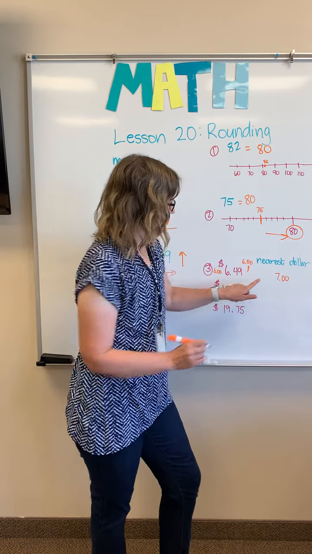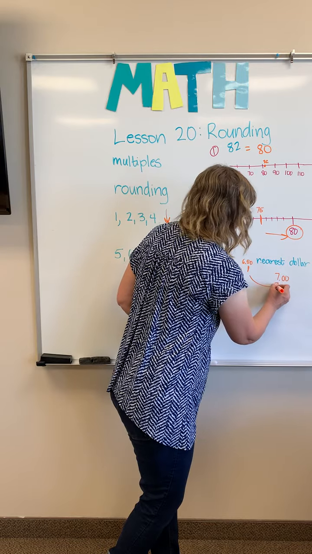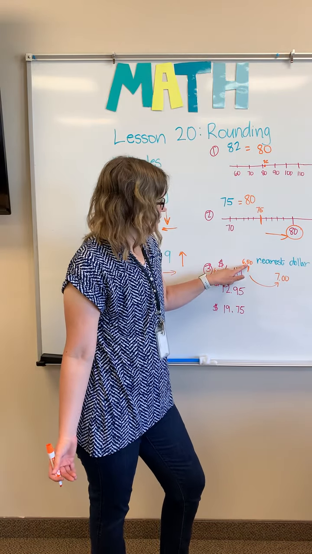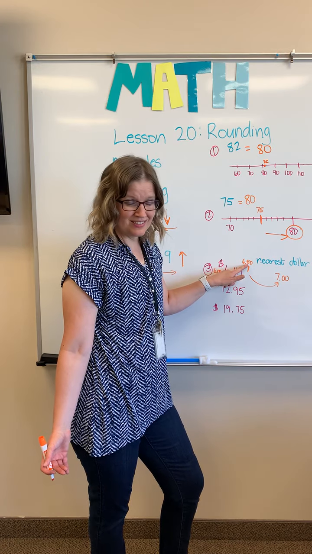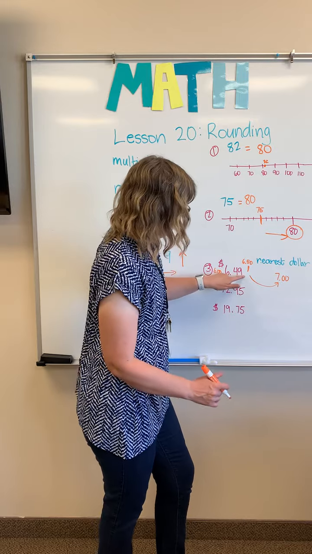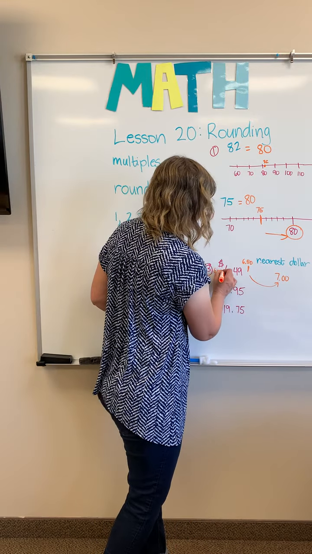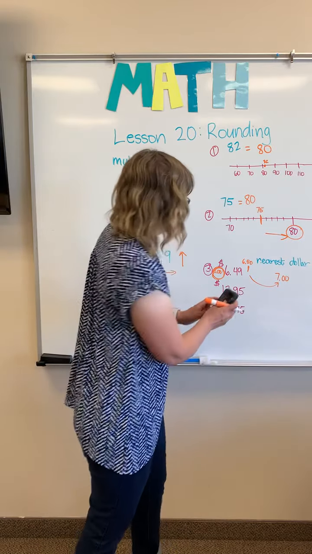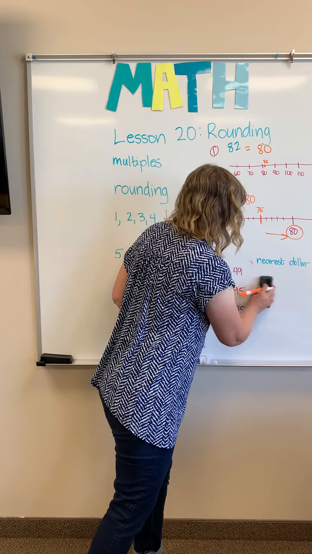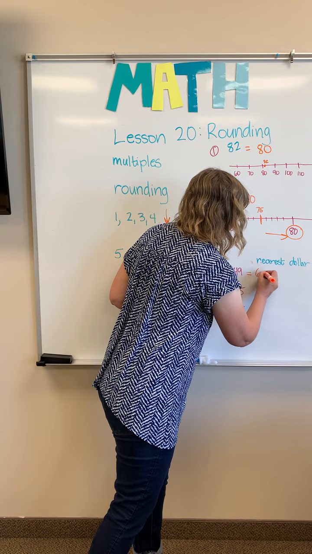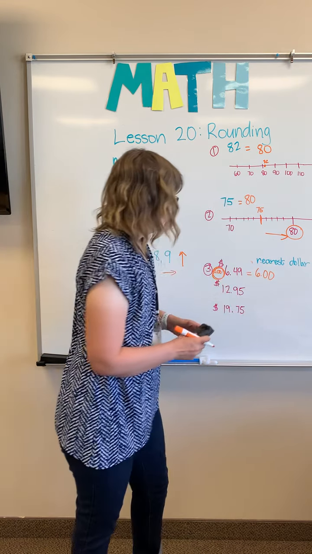Everything greater than this, we would round to $7. Is 49 cents equal or greater to 50 cents? No. So we round it to $6. So if we were to round it, this would be rounded to $6.